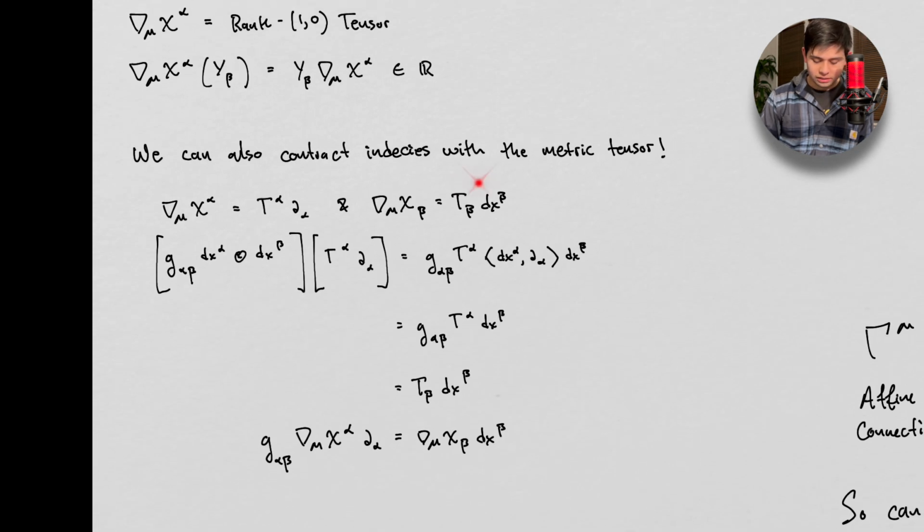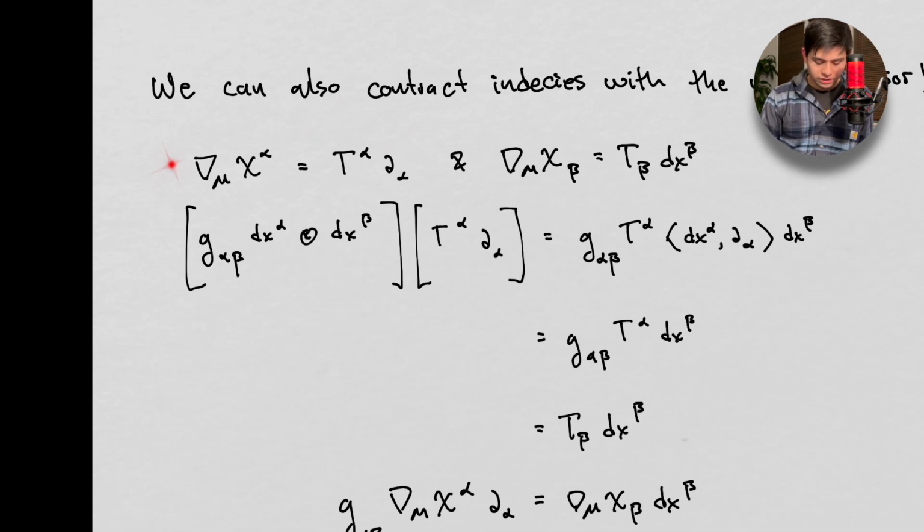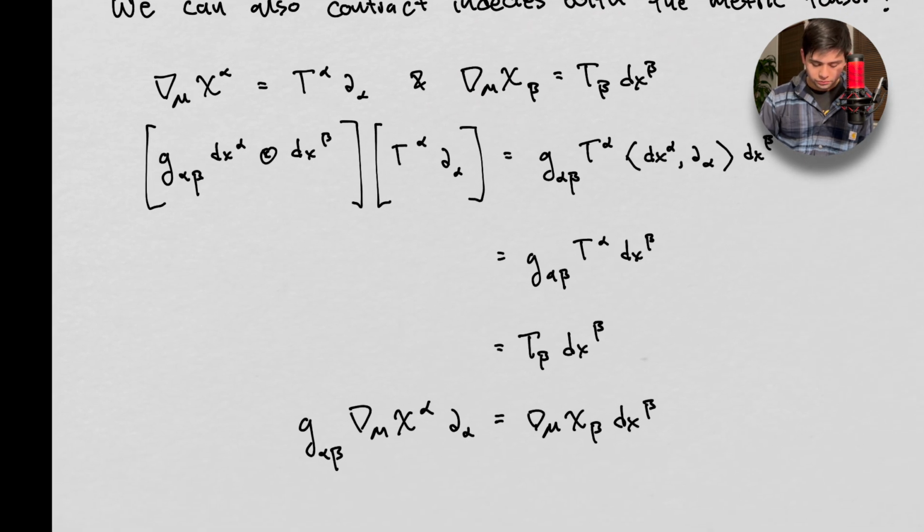We can also contract indices with a metric tensor. And so that means, well, if we have this, we said this was a tensor. We've now proven that it transforms as a tensor, so it's a tensor. And this thing here will be called a covector. So if we act on this, which is just shorthand notation for right now, and then we'll replace things later.